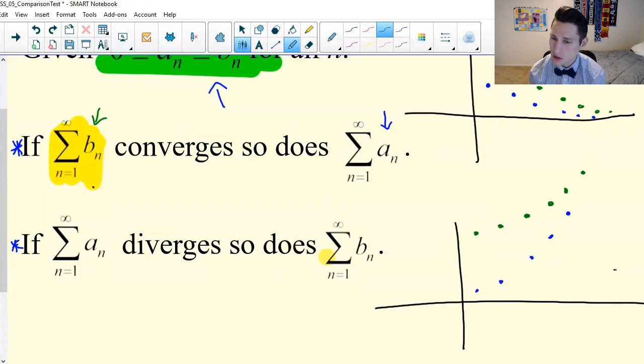So if I know that those blue dots, from some test, if I know those blue dots, the series will diverge, and I know that the green ones are always above it, Bn's always above it, well then if An is diverging upward into infinity, then I know that it's going to push Bn up as well. It must also be diverging, since I know that it's greater than An.